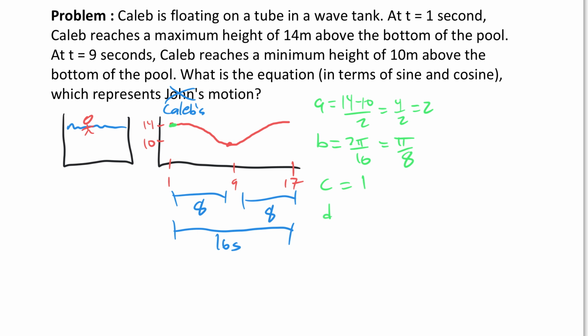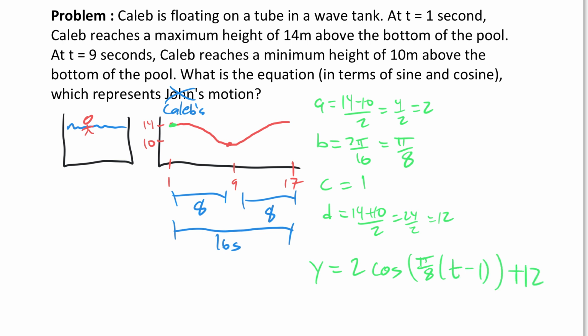And D, 14 plus 10 over 2, 24 over 2, so 12. And so we would have y equals 2 cos of pi over 8 times t minus 1, plus 12.